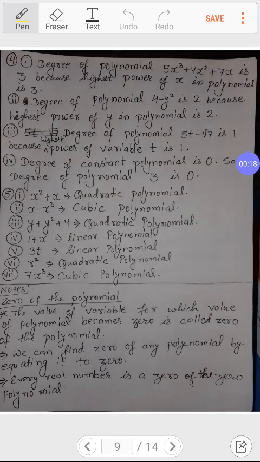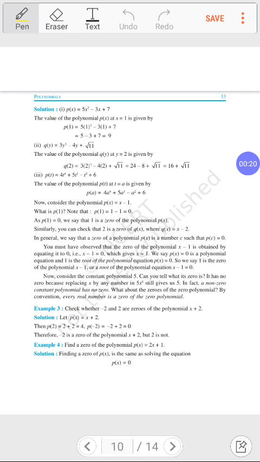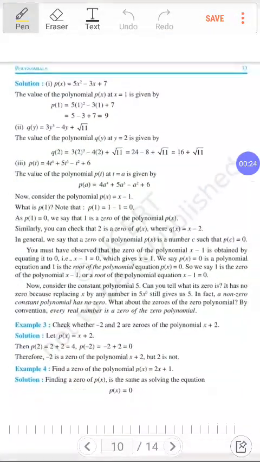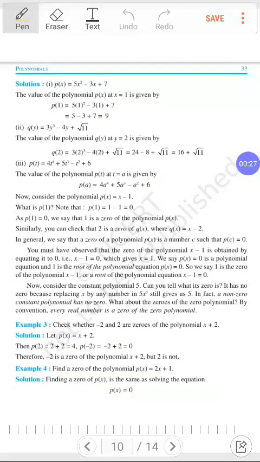If you will see over here, last time I was explaining to you that you must have observed that the zero of the polynomial x minus 1 is obtained by equating x minus 1 to 0.